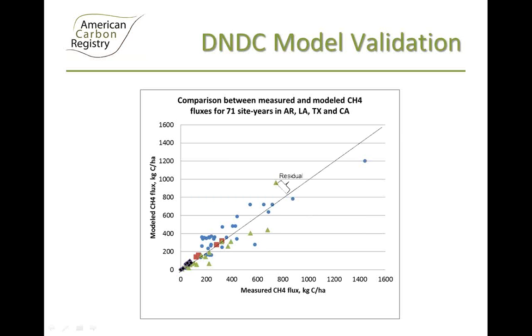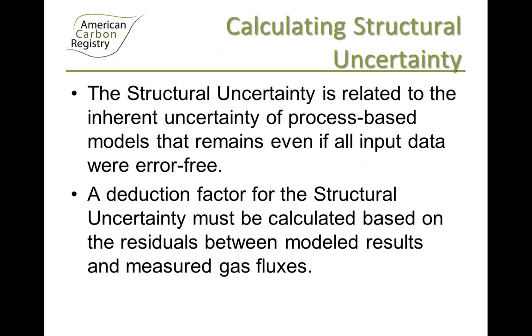So if you put the one-to-one line, then for any given point, you can calculate the residual, which is the difference between measured and modeled, that we then do the statistics upon to estimate model structural uncertainty. Another aspect of this figure that's important to note is, sometimes the model overestimates emissions, sometimes it underestimates emissions, and that's why the aggregation process to multiple fields begins to reduce the structural uncertainty.